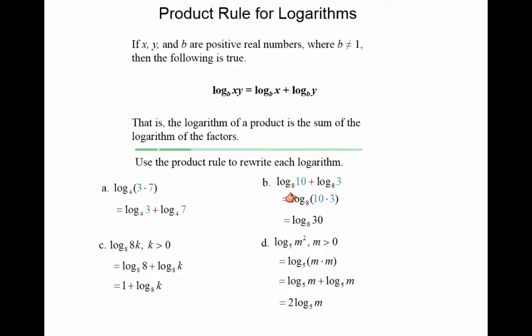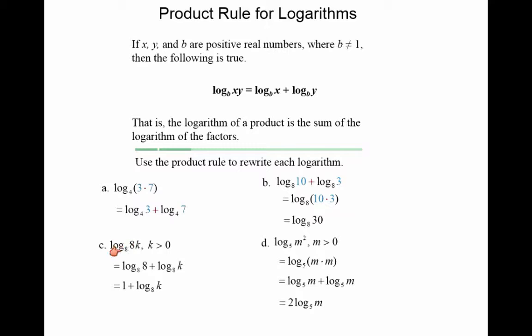I'm combining this now into a single log of 10 times 3, which is log of 30. Sometimes it would be convenient to expand them, or sometimes it would be useful to write them as a single logarithm like that.